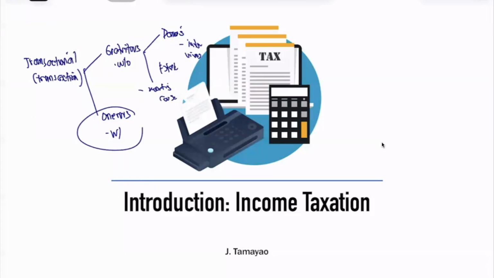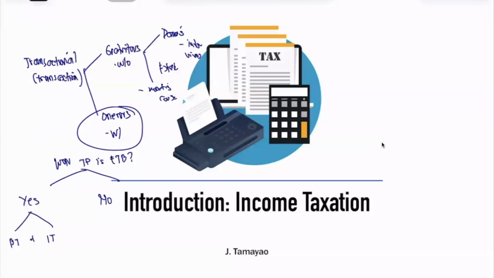Now, for onerous transactions, what we need to determine is whether or not the taxpayer is engaged in trade or business. If your answer is yes, there are two types of taxes: business tax plus income tax.